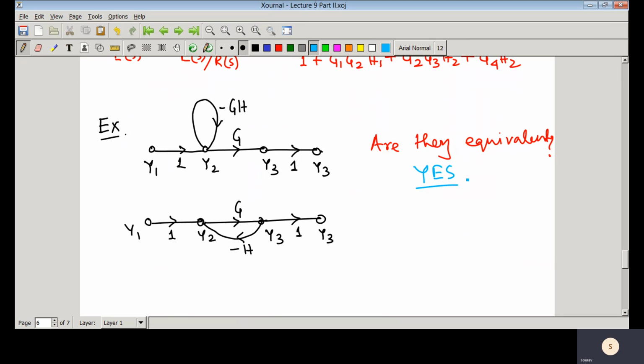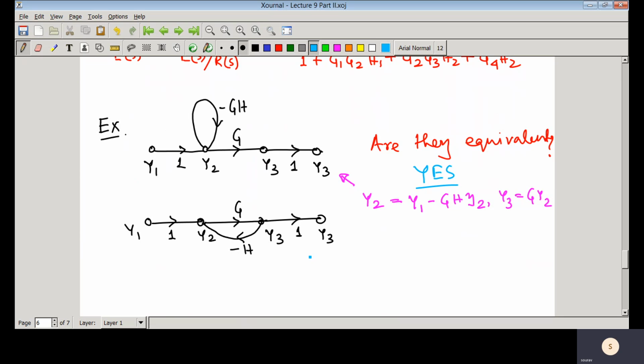How? You can see it here. For the first case, y2 equals y1 plus the self loop, that is y2, and then you have another algebraic equation, that is y3 equals G y2.